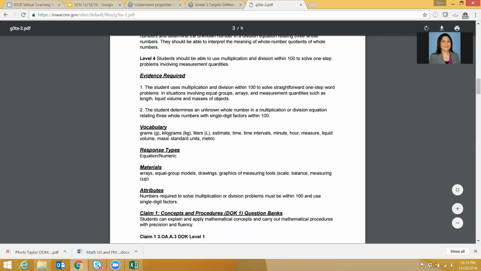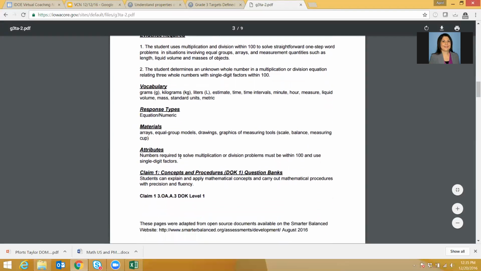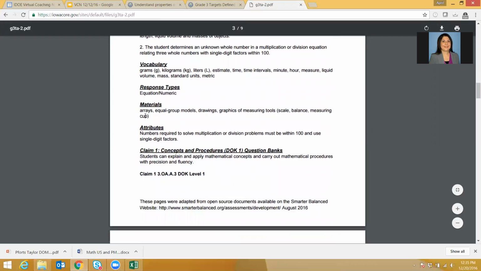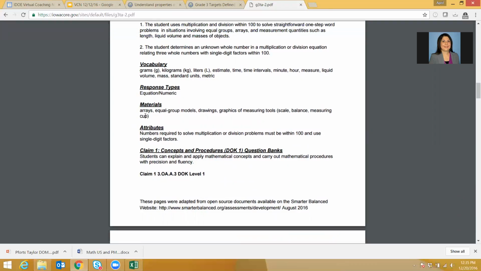We have the vocabulary, we have the appropriate response type, the materials. These are the things I'm going to have my students explore with or do their work with, right? We have arrays, equal group models, drawings, graphics of measuring tools, scale, balance, measuring cup. Attributes: what are the characteristics of the numbers that I'm going to be working with, right?